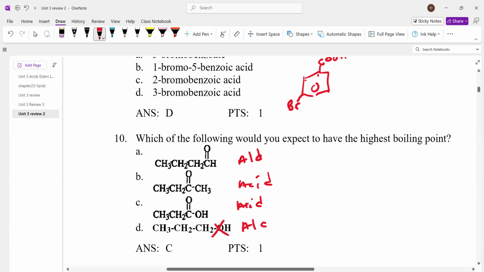So these two definitely have less intermolecular forces than the two acids. And this is a ketone. So the acid of all these is going to have the highest intermolecular force, hence the highest boiling point.